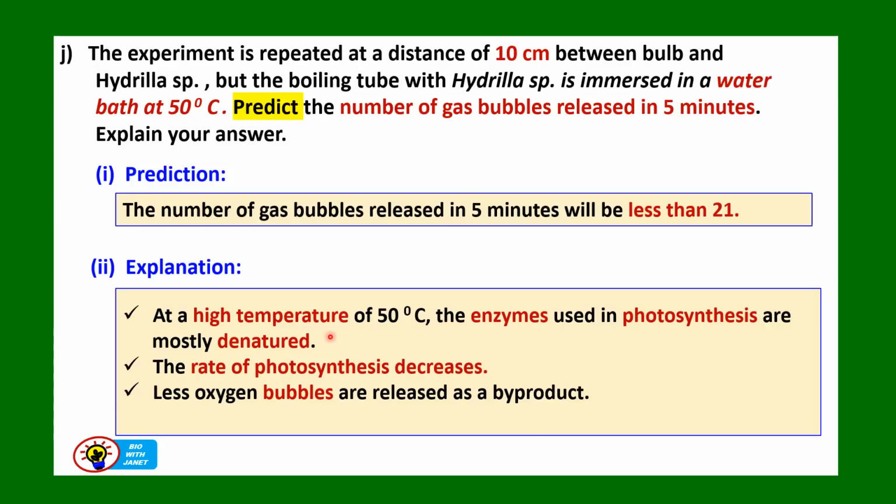And the active site will be destroyed in the molecule of the enzymes at high temperature. So the catalysis for photosynthesis will be slowed down. So the rate of photosynthesis decreases, due to the fact that the enzymes are denatured and less oxygen bubbles are released as a byproduct. So the number of gas bubbles will be less than 21.